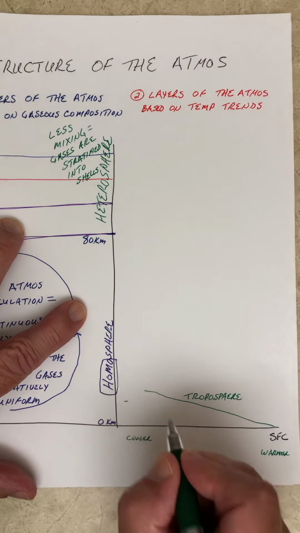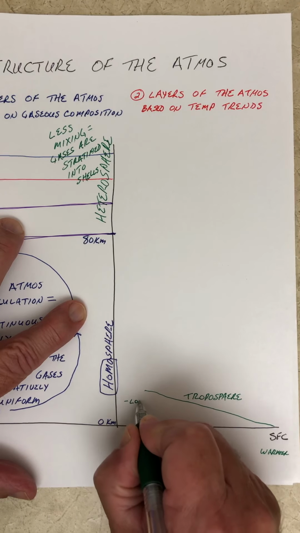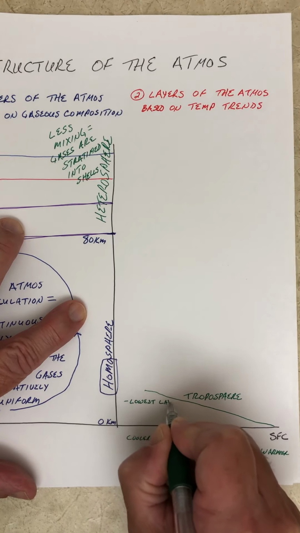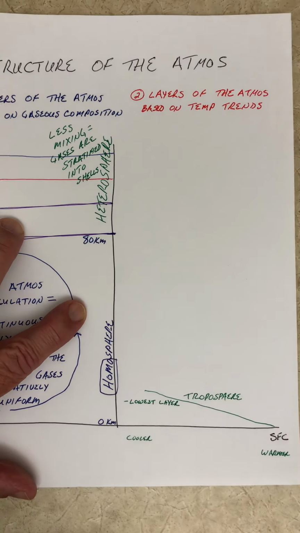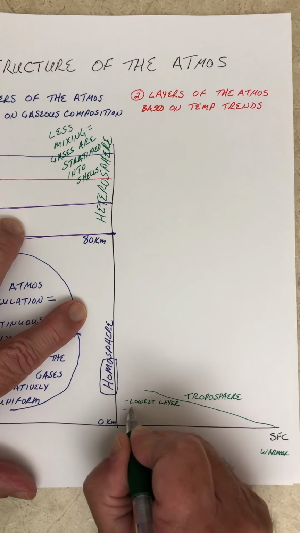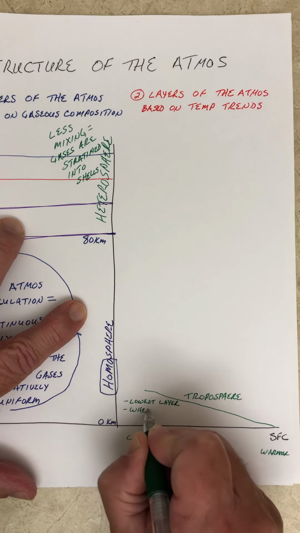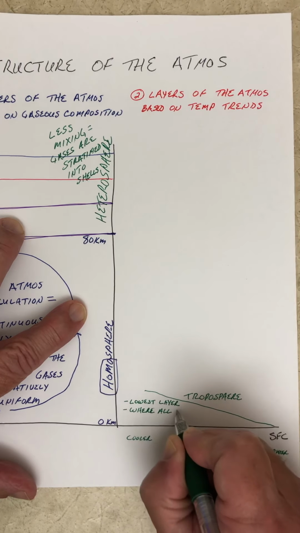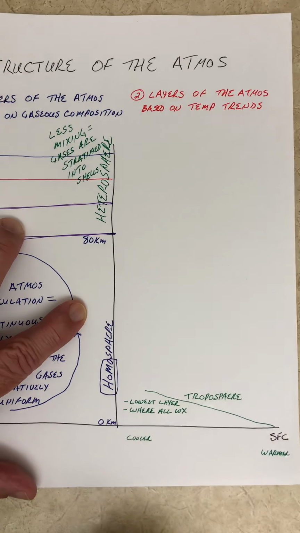Okay, and so just some points that we'll make out here. This is the lowest layer of the atmosphere. When talking about it in terms of temperature trends, this is where all weather occurs. All weather is abbreviated WX. So WX means weather.